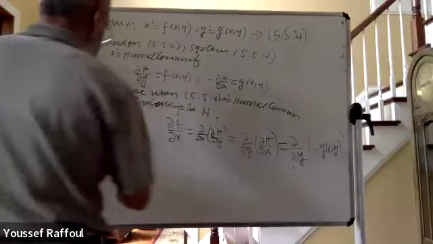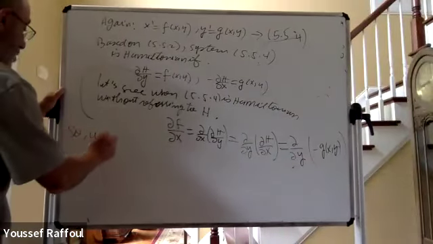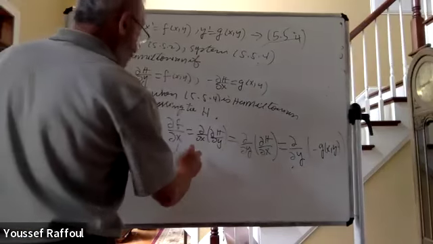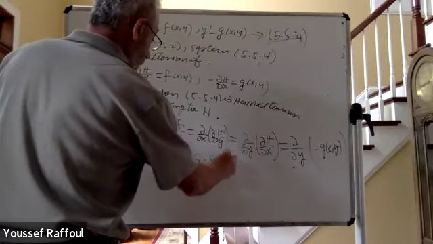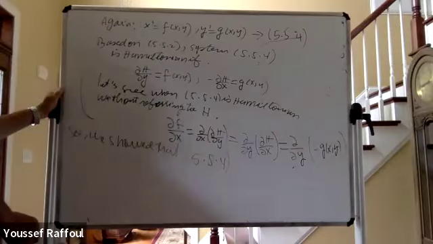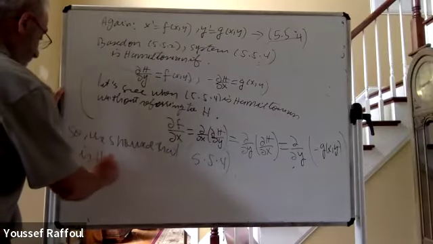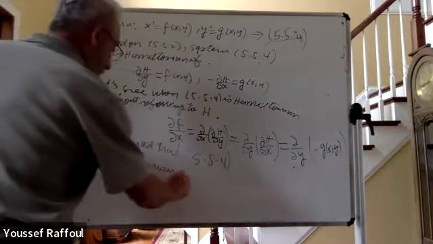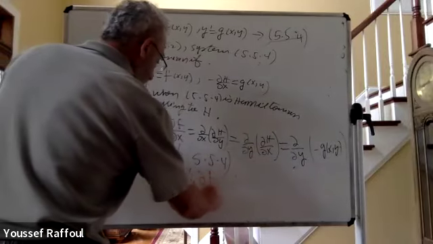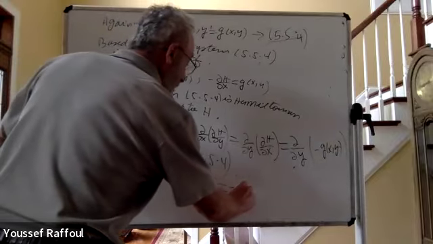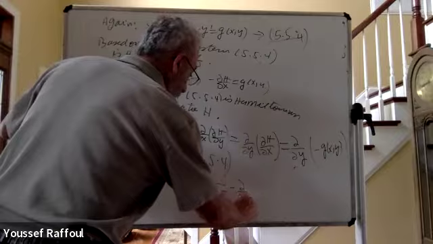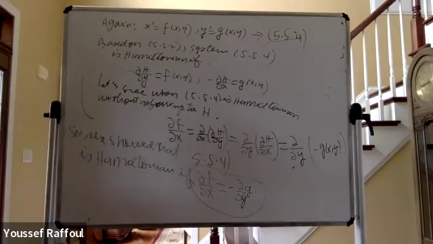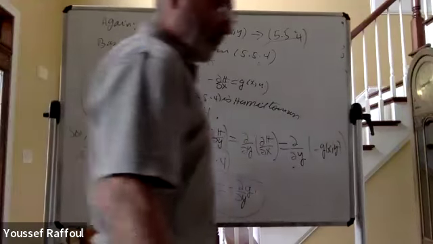So we showed that 5.5.4 is Hamiltonian if del f over del x equals minus del over del y of g, without knowing what H is.